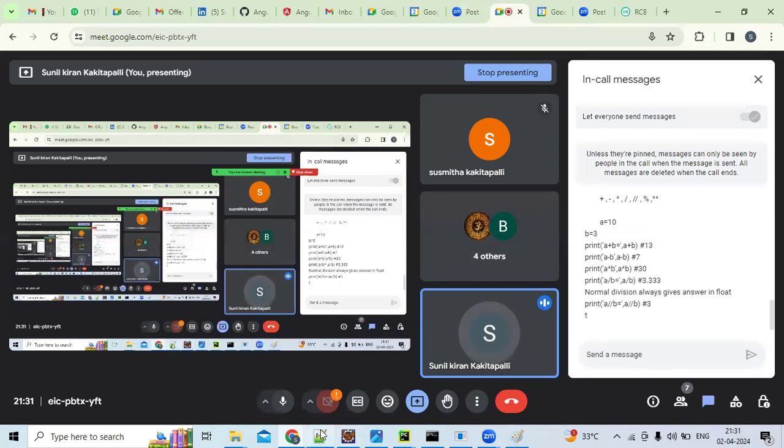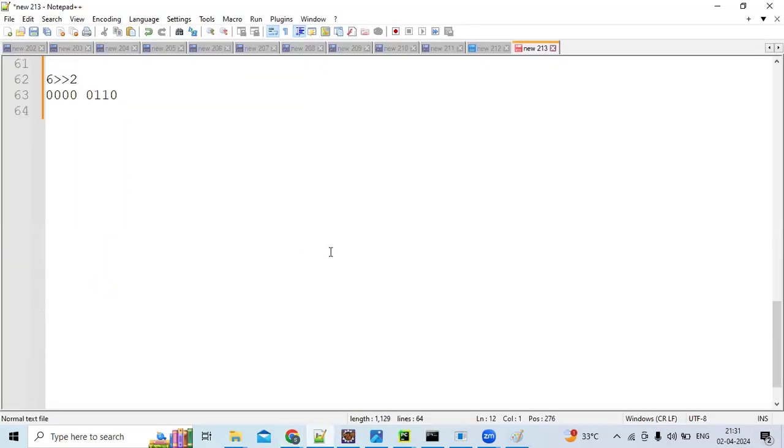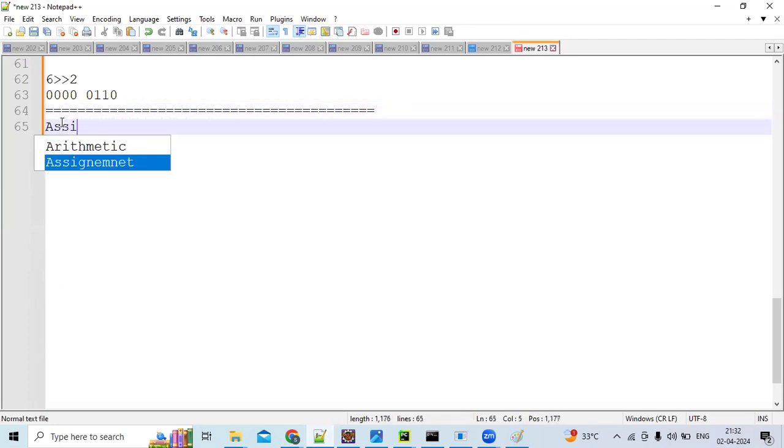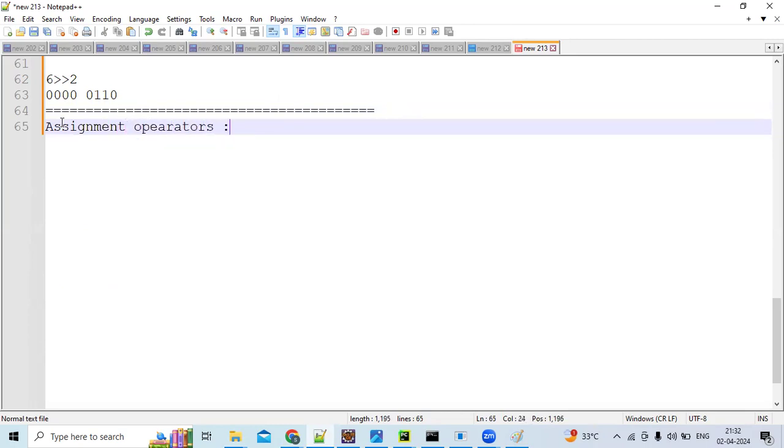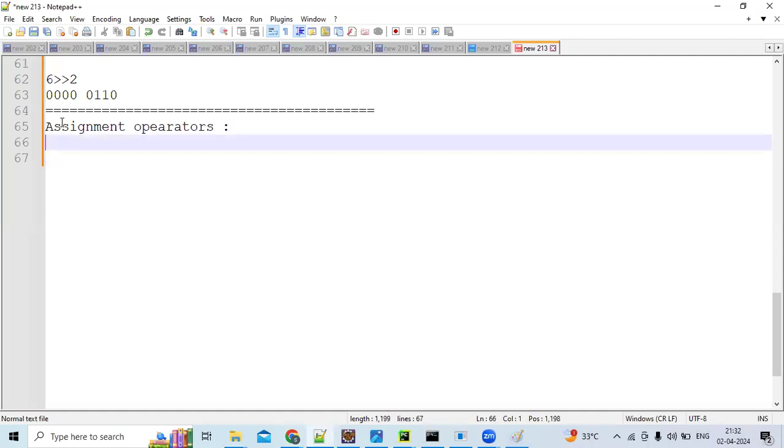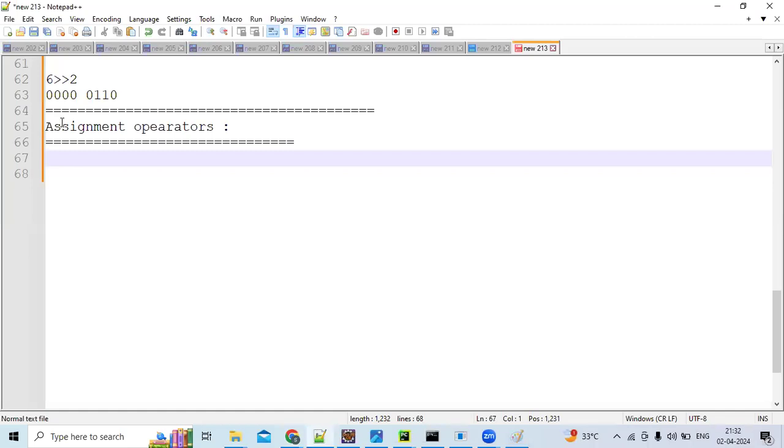Now we start with assignment operators. Basically, assignment means if you want to assign some values.